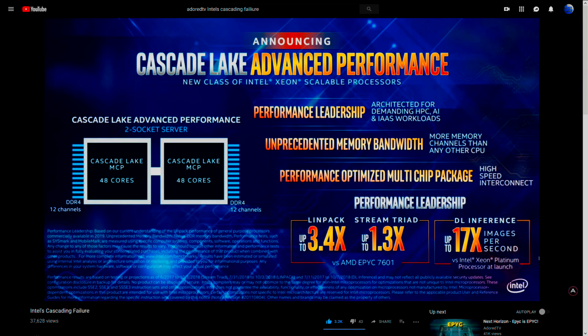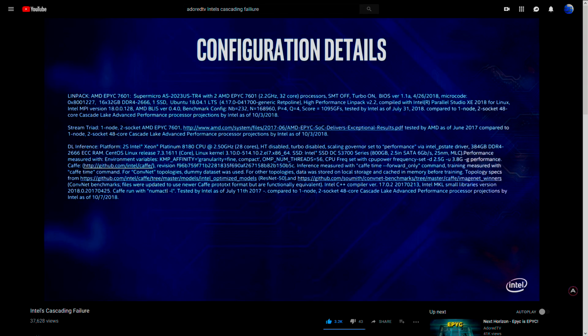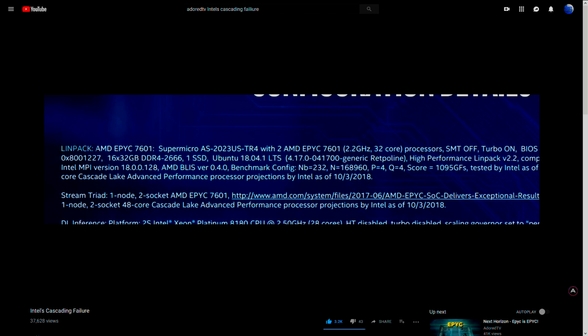But as anyone following my channel knows, the thing about presentations is they usually end with footnotes giving further details on how the systems were set up. And given this is Intel, let's just skip right to the end and the configuration details. Okay, so Linpack AMD EPYC 7601, it's on a Supermicro motherboard using two AMD EPYC 7601 processors with SMT off.